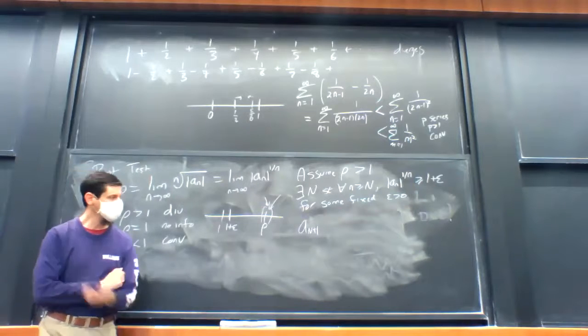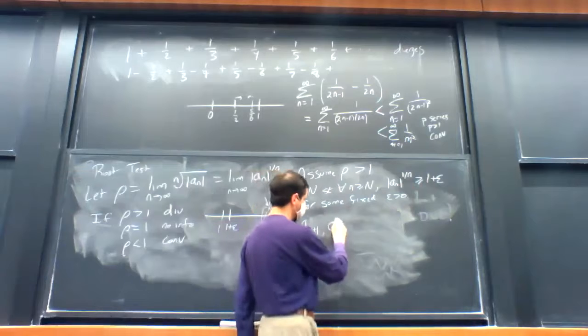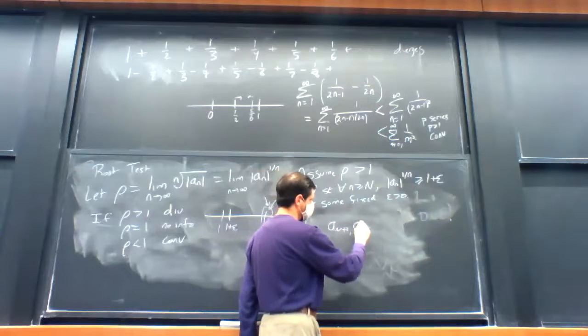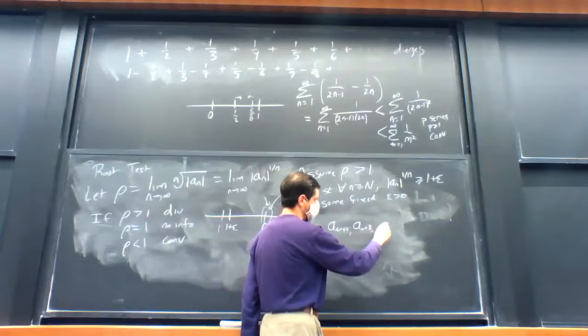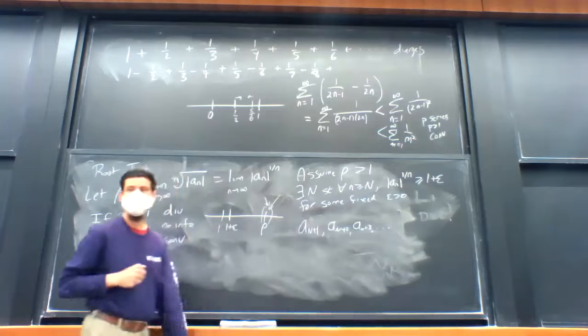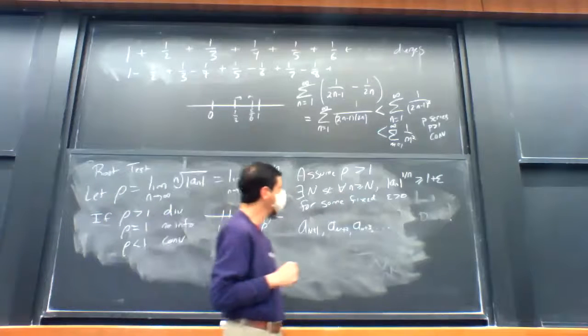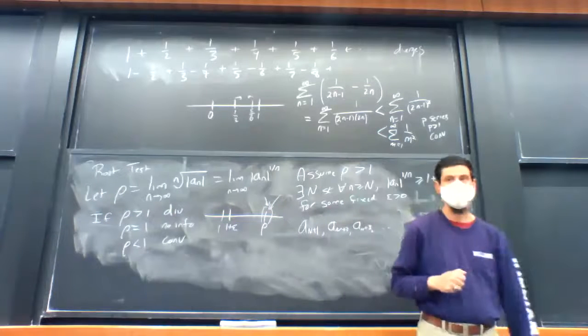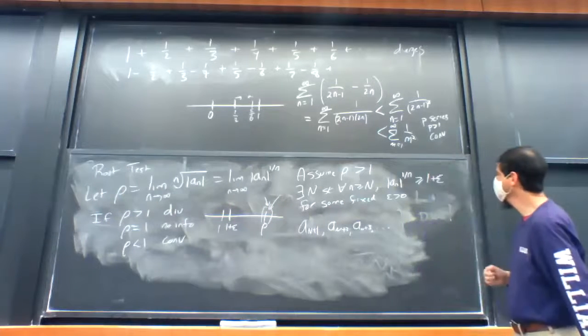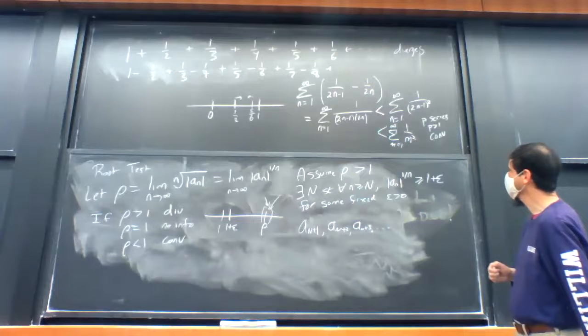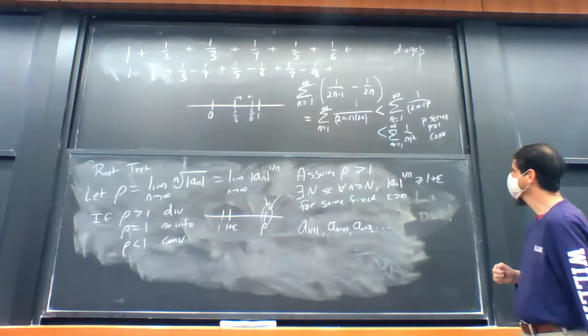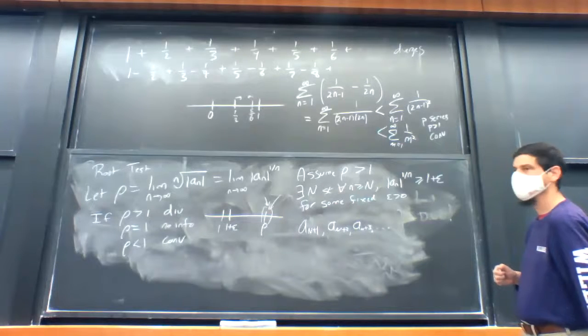So as n gets very, very large, what do you think is happening to these terms? So we know that eventually a_n to the 1 over n is greater than or equal to 1 plus epsilon.